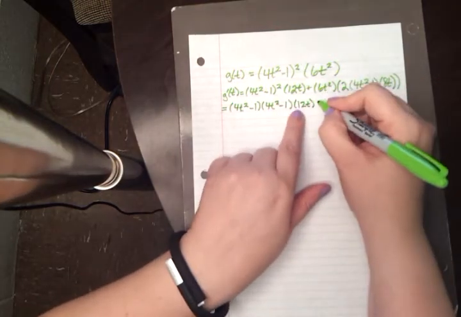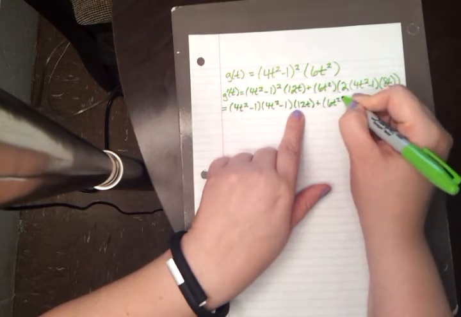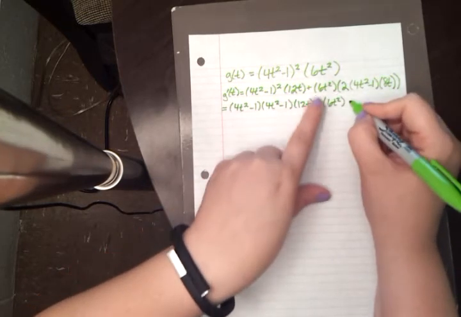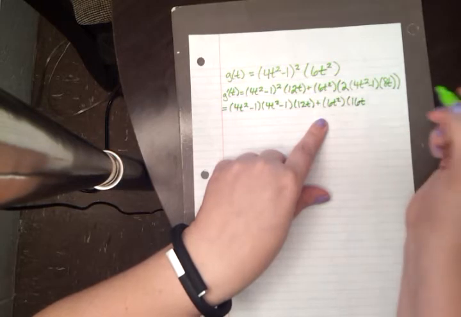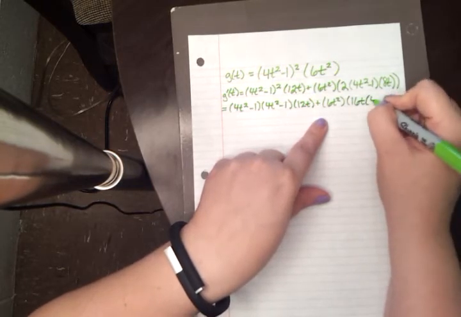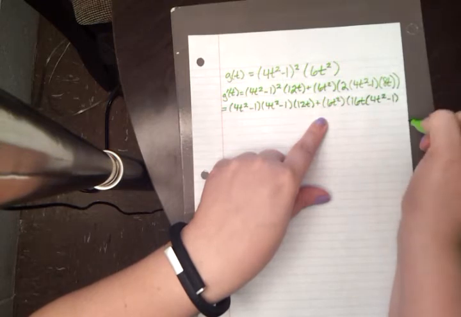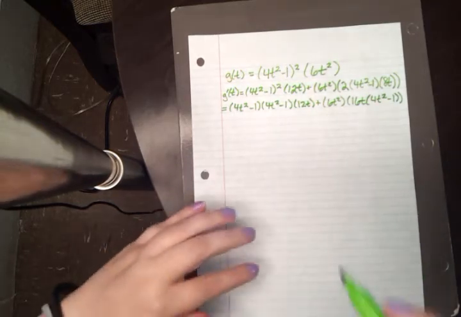Plus sign. I'll copy down the 6t squared. I think I could probably multiply that 8t times the 2, so we'll change that to a 16t, and then 4t squared minus 1. Okay, so things don't look a whole lot cleaner yet, but I promise it's about to get better. First it's going to get a little worse, then it's going to get better.